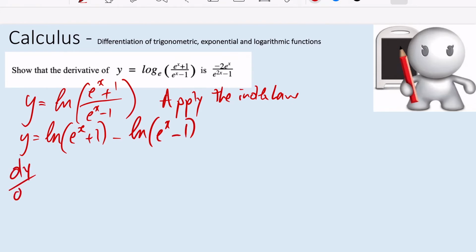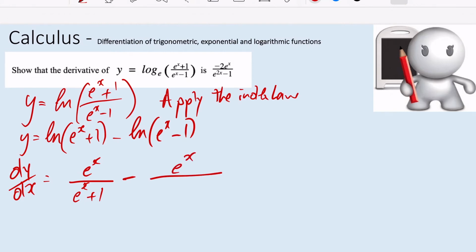Okay, now when you do that, the whole question just falls apart. So for the first one, my denominator is going to be e to the x plus 1, and when you differentiate a log function, the derivative of the denominator goes on the numerator, so it's e to the x.